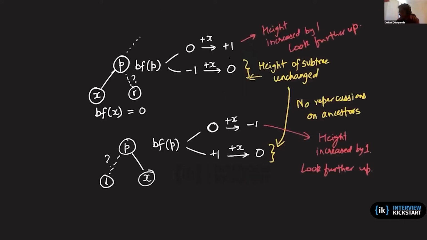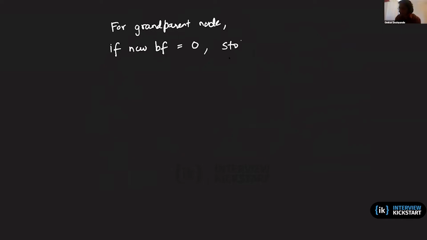So let me write this down, because this will actually give us a peek into what to do in general. For the grandparent node, if the new balance factor is equal to 0, stop, right? No further repercussions.